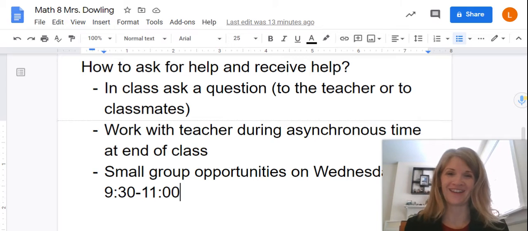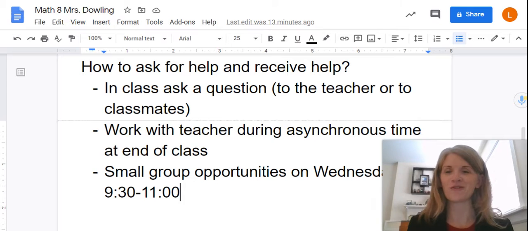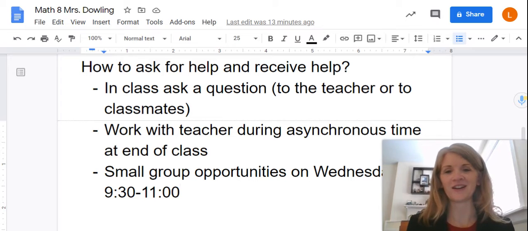There's a button for everything in online teaching. I would like for them to be asking their classmates those questions before they ask the teacher, because you would be surprised how much they can learn from each other. They can actually learn a lot more from each other than from me. I could tell them all the answers, but they're going to learn more really working it together.